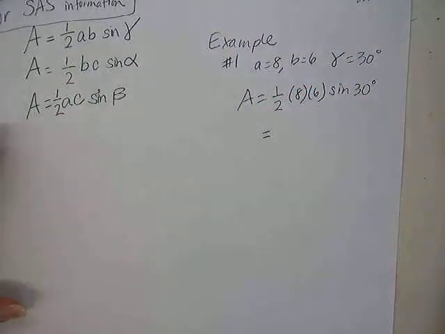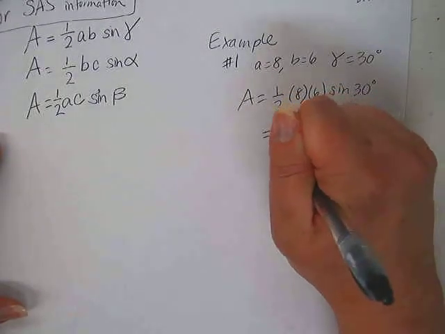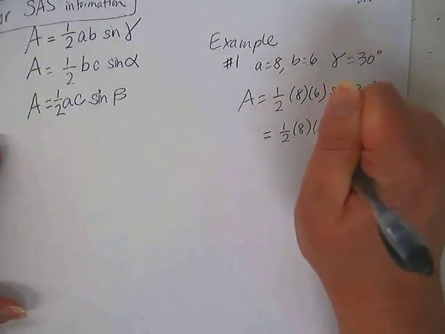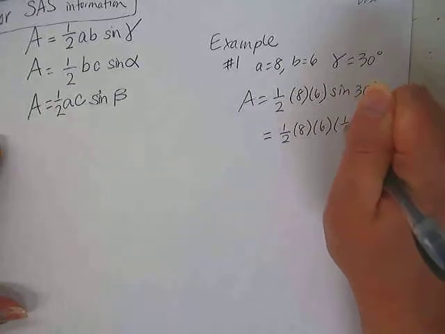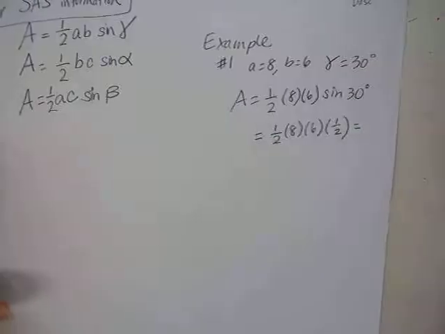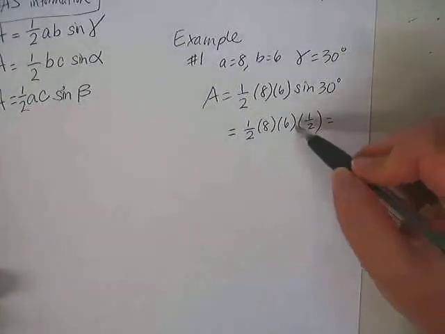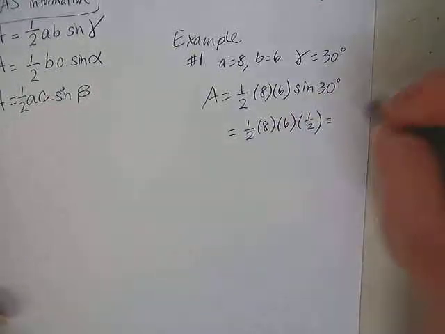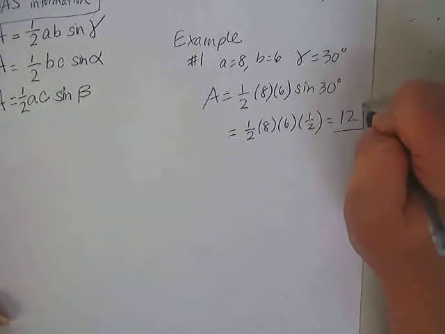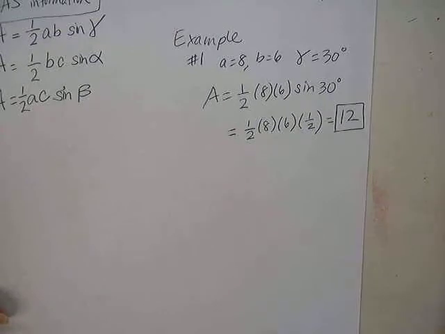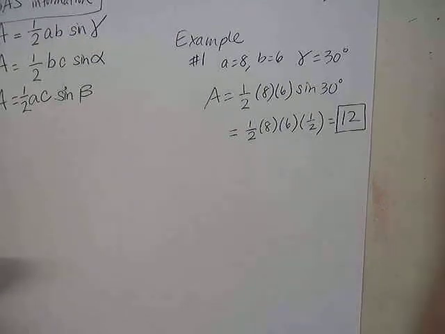Sine of 30 is 1/2. Good job. Yep. So 1/2 of 8 is 4 and 1/2 of 6 is 3. So 4 times 3 is 12. 12 square units.